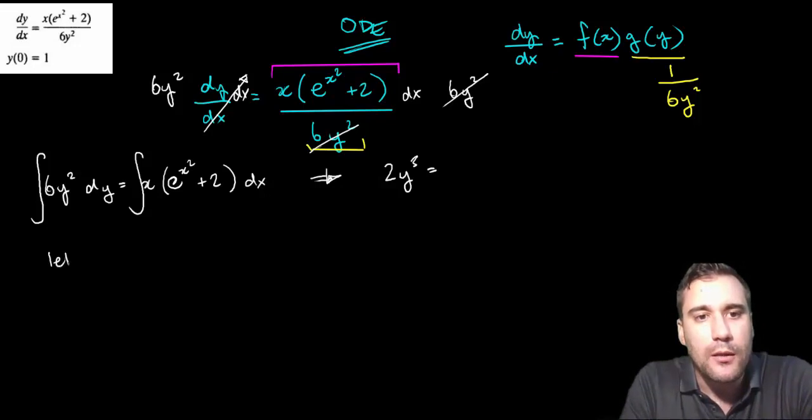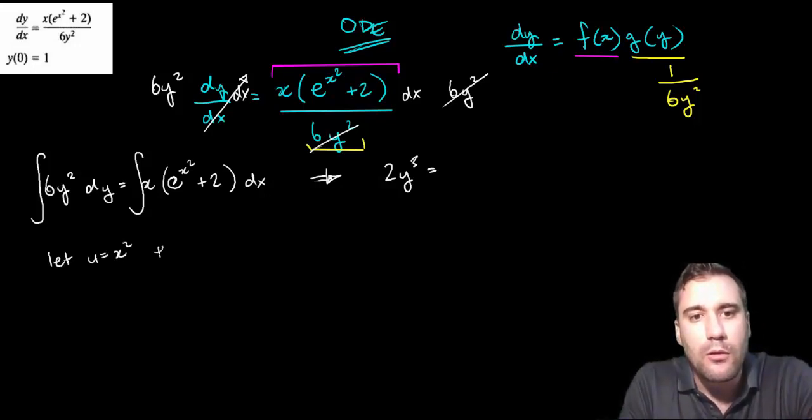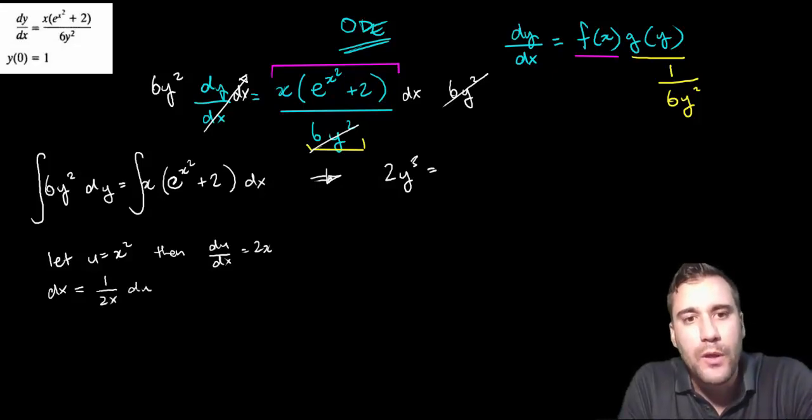If we let u equal x squared, then du/dx is equal to 2x, which means that dx is equal to 1 on 2x du.